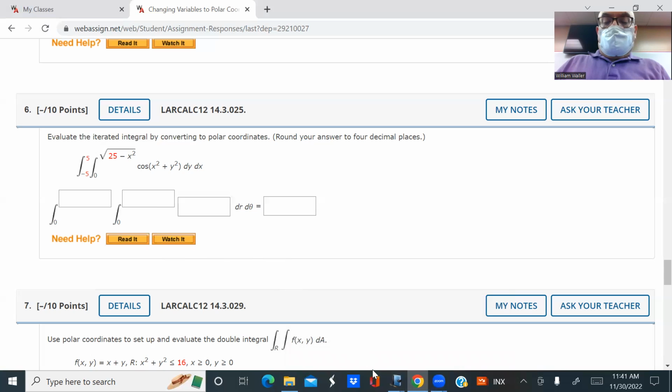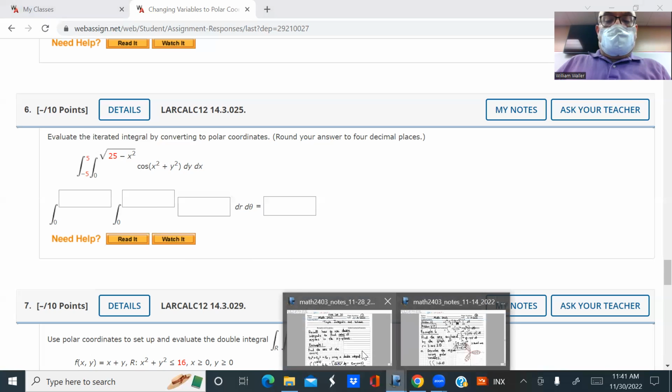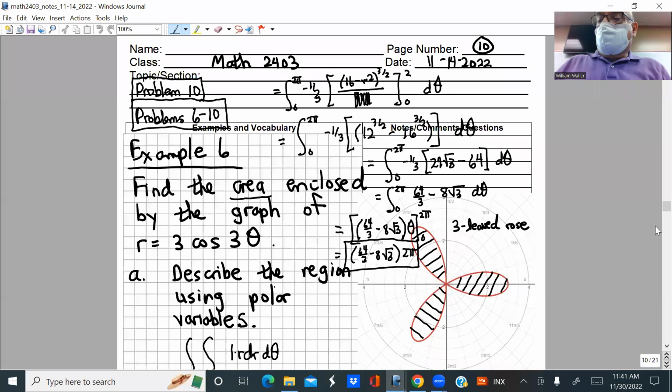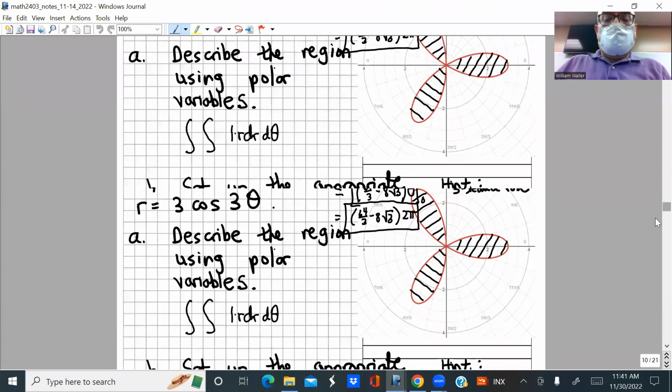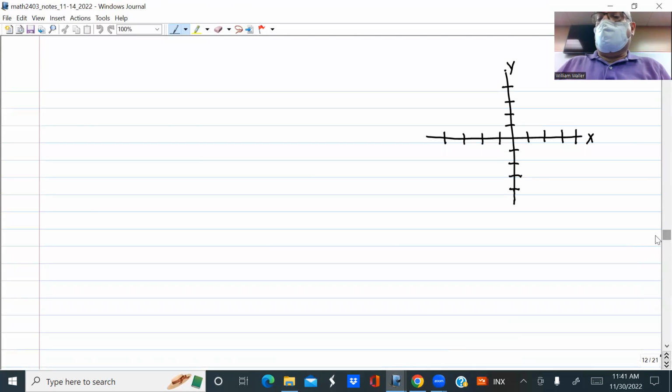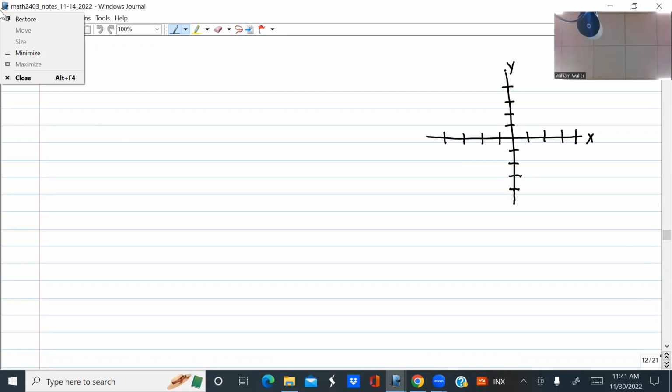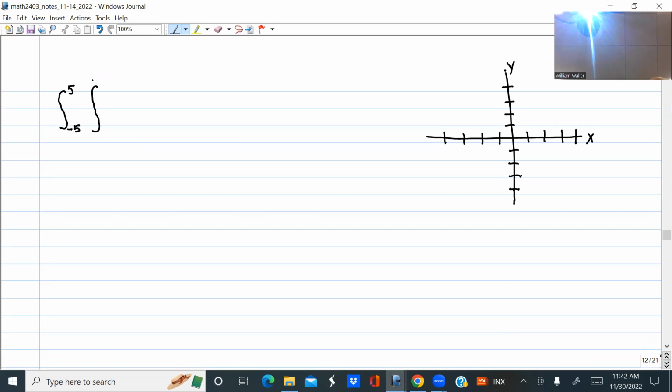Let me scroll down here. Here we go. And let's write down what the original problem was, right? So I think we wanted to go from -5 to 5. Those were the outer limits of integration, so those are pretty easy, but the limits of integration for the inner integral were a little bit worse.